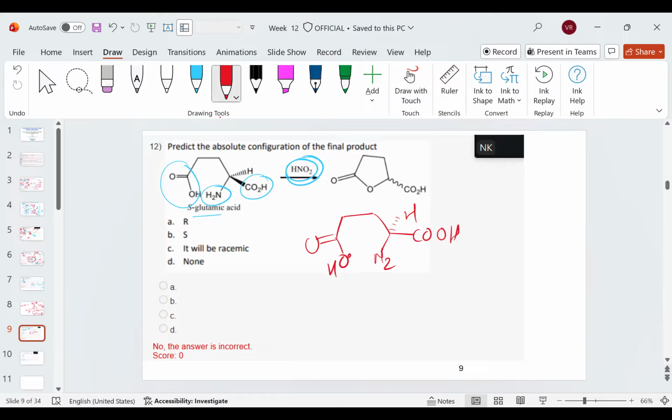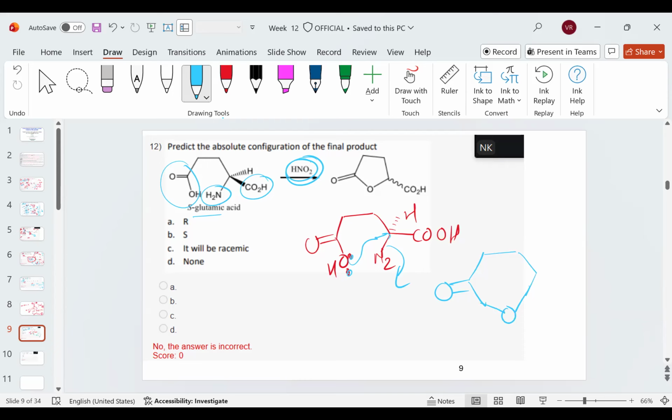If you look here, this acid still has some electron-donating ability from the oxygen. So this attacks at this position and the N2 group is eliminated. So what we get here is basically this product.